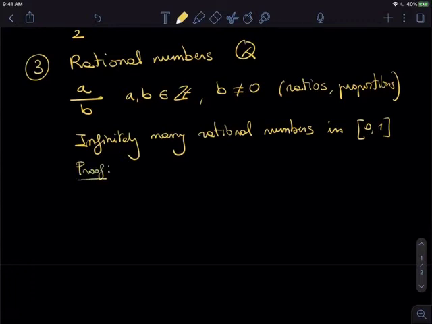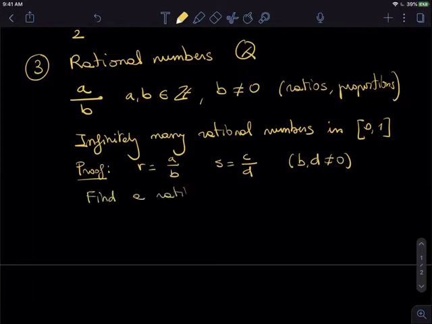It's a very simple proof. You just take two numbers, r equal a over b and s equal c over d, where b and d are different from 0. And if you are able to find another number in between, and you can do this every time, then there are infinitely many. So what we are going to do is just find a rational number between r and s.